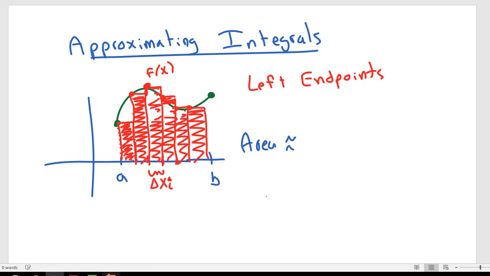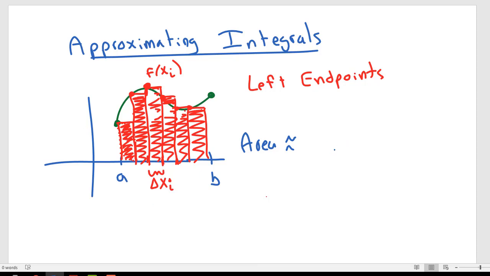For any of the rectangles, and that's supposed to be a subscript, this is the ith rectangle, and then this is the function value at the ith left endpoint. Again, that's supposed to be a subscript. So there's the function value at the ith left endpoint.